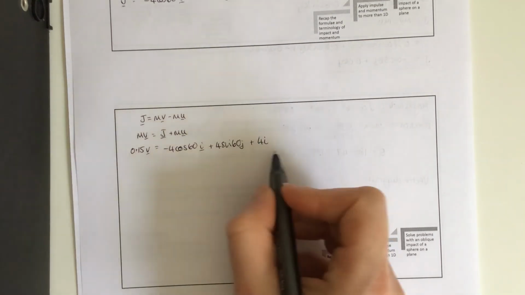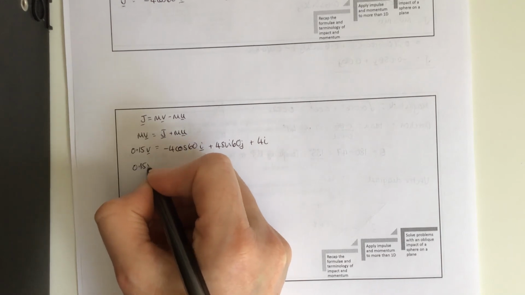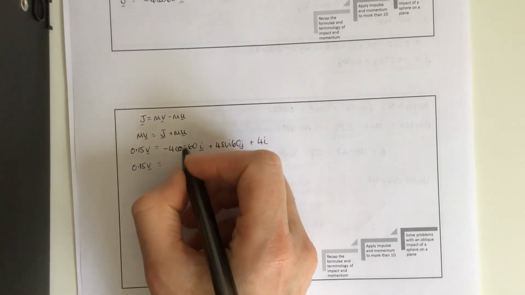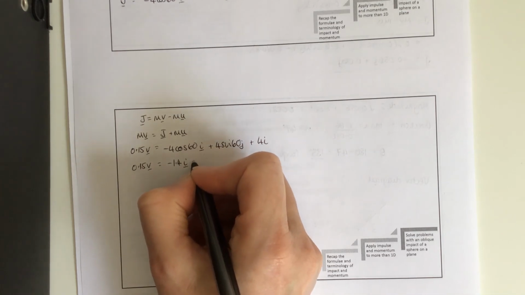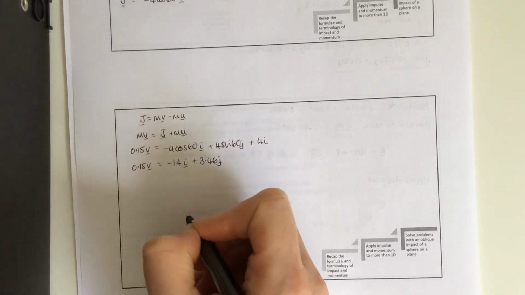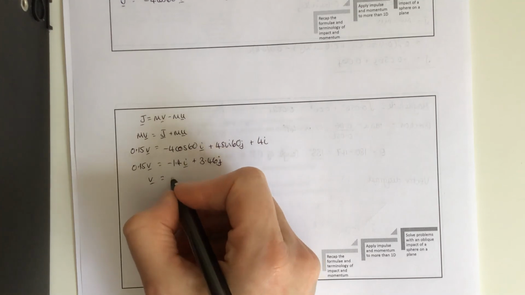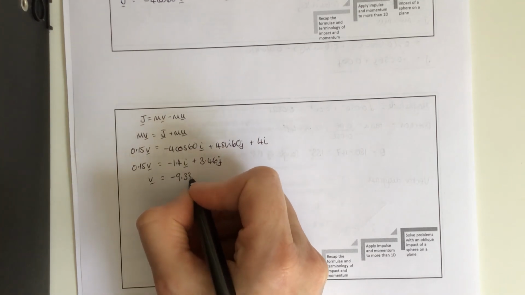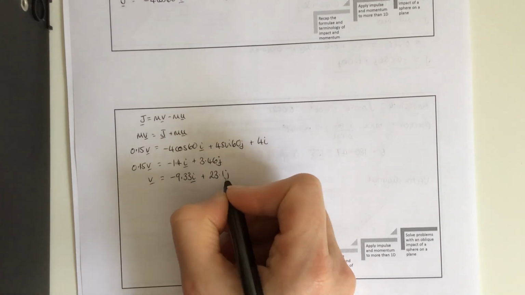Now again, pause if you want to work that out, but I'll just quickly skip some stages and say that that works out to be 1.4i plus 3.46j. Divide through by your 0.15, so your velocity is minus 9.33i plus 23.1j.